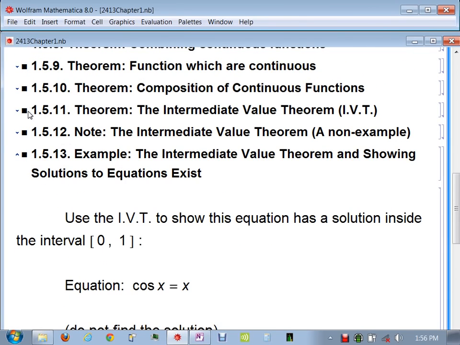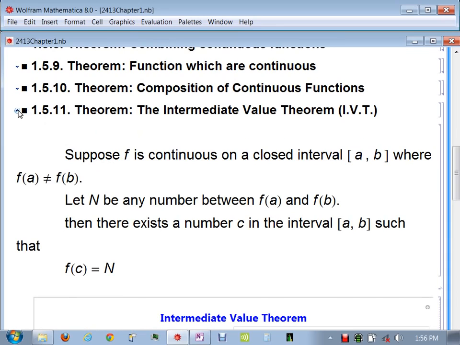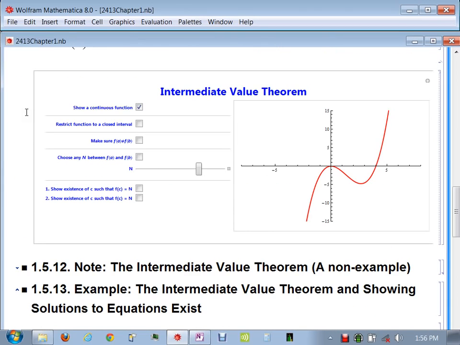So let me talk about the intermediate value theorem real quick. Okay, so the intermediate value theorem says this.